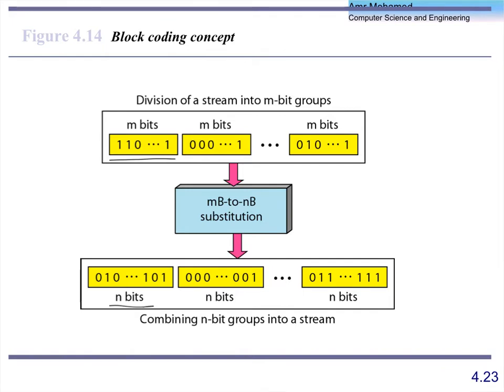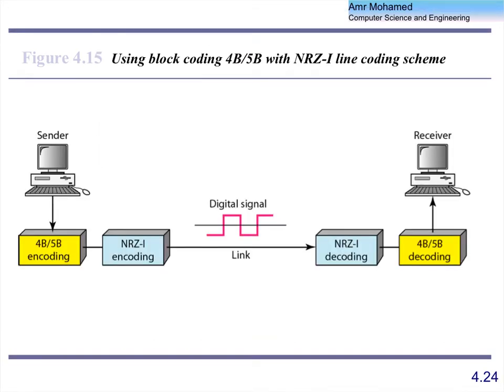If we have straight ones, we put 0 in between. So we try to add some alternations in the bits. The other thing is that all the unused combinations in the block coding, we can use them for signaling to enhance the error detection. So this is the main idea.